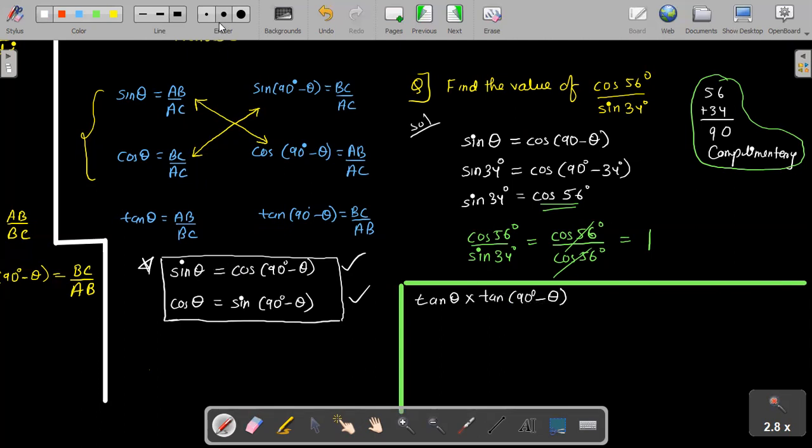First of all, tan theta means sin theta upon cos theta, right?